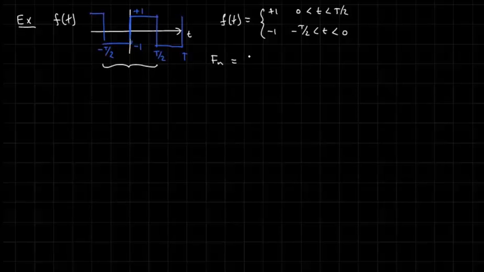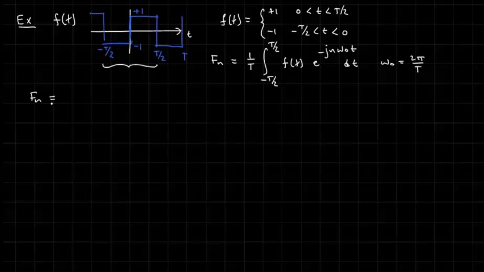So f of n is equal to 1 over capital T, integral from -T/2 to T/2 of our function f of t times e to the -jn omega naught t dt, where omega naught is 2 pi over capital T. We'll split this integral into the two pieces.